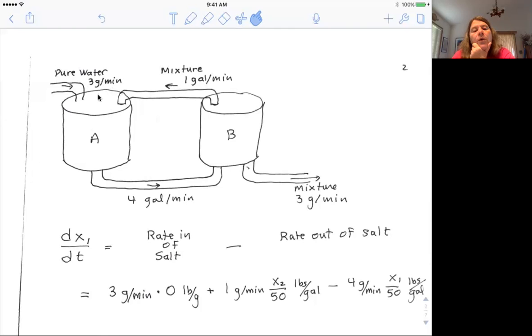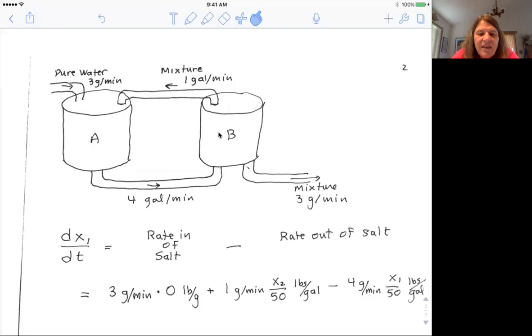It's coming in at 4. If you look at how much is going out of A, it's going out 4. So things are remaining sort of stable here. It's getting mixed up a little different, getting different amounts of salt in it, but it's still got this 50 whatever gallons of mixture in it.